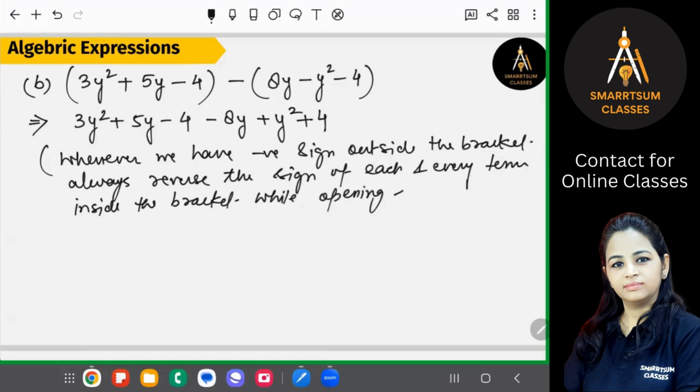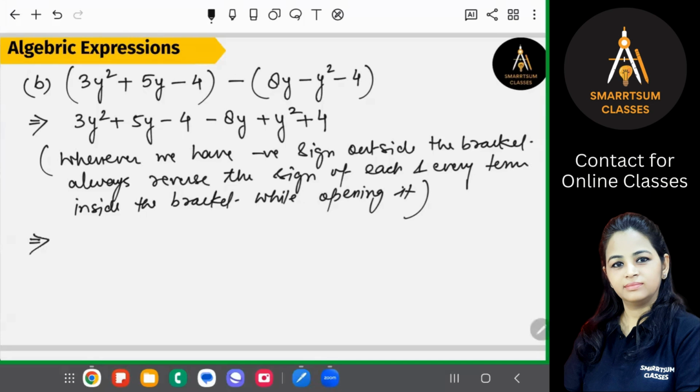So if you are opening the bracket and there is a negative sign outside, always reverse the sign of each and every term inside the bracket. This is the rule which you have to follow every time in mathematics.